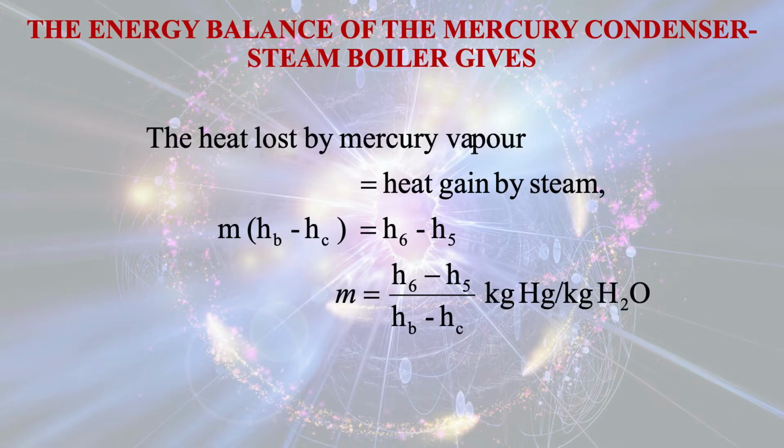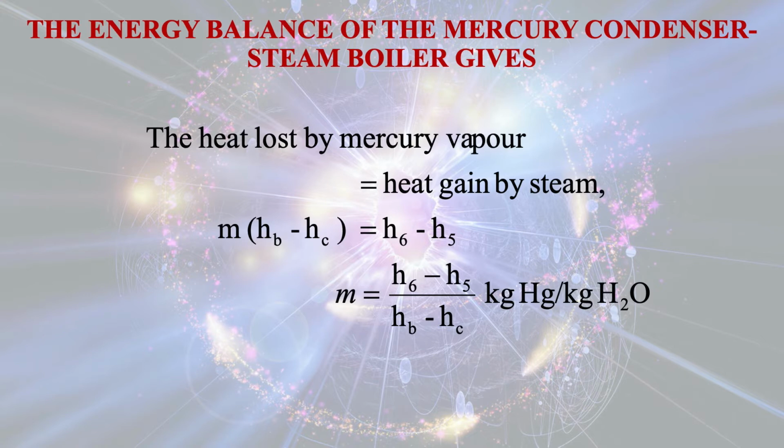Now the energy balance of the mercury condenser steam boiler gives that the heat lost by mercury vapor is equal to the heat gained by steam, and this heat transfer is going on in the heat exchanger.